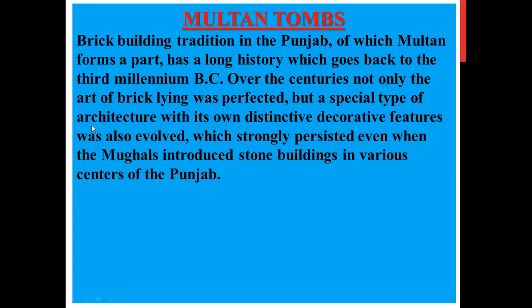Dear students, all the tombs constructed there are also good examples of Muslim architecture, and they show the art of the people of that time. Especially in the period of the Mughal dynasty, they constructed many buildings in Pakistan, which were good examples of their own art.